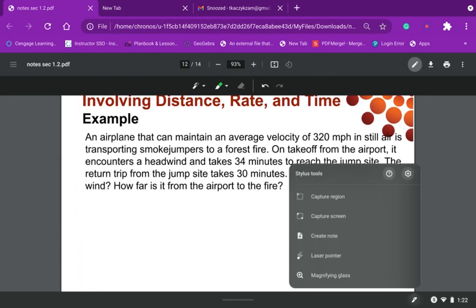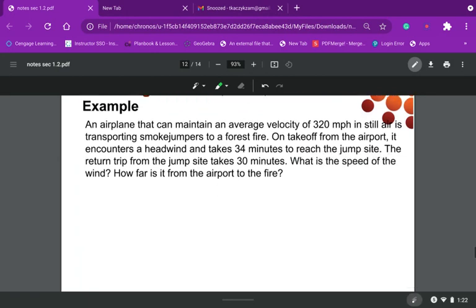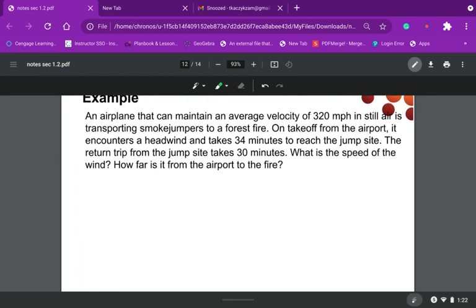In this problem, I'll just read it first. An airplane that can maintain an average velocity of 320 miles per hour in still air, which means a perfect situation, no wind at all, is transporting smoke jumpers to a forest fire.